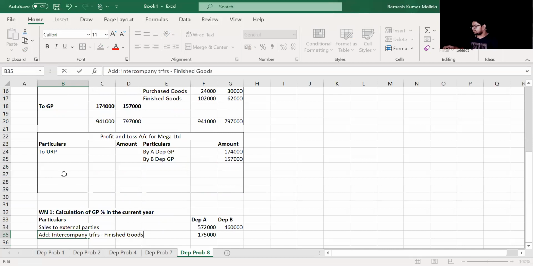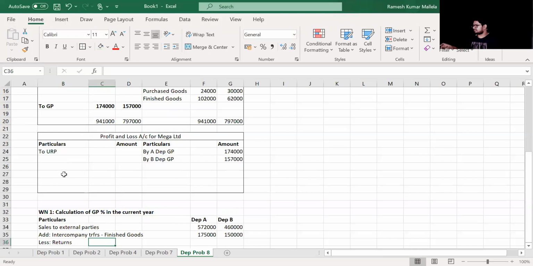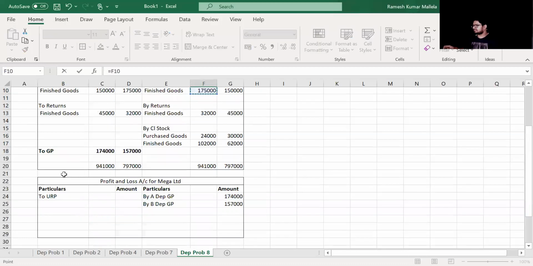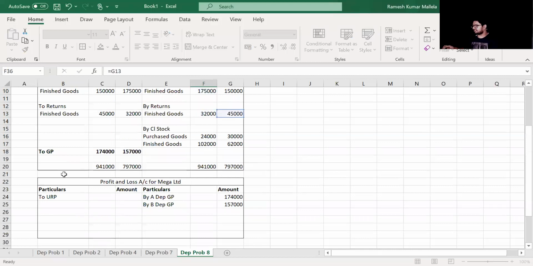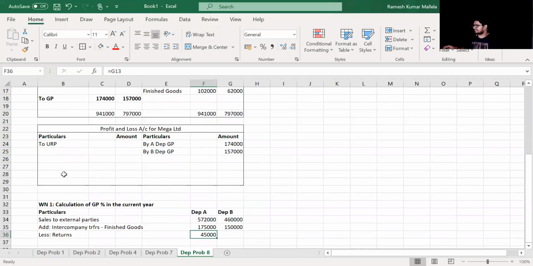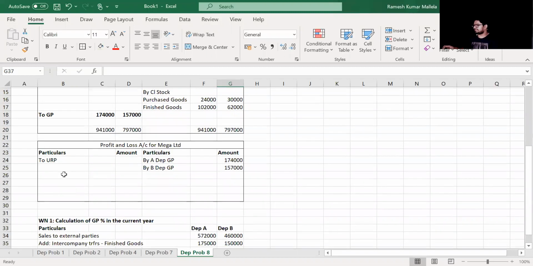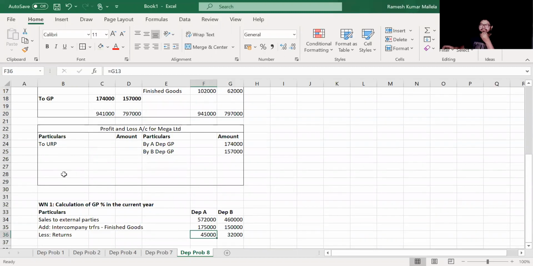Okay. So 1,75,000. Next, less returns. Returns are given as 45,000 is returned. In same way, 32,000 is returned from the other entity. Okay.